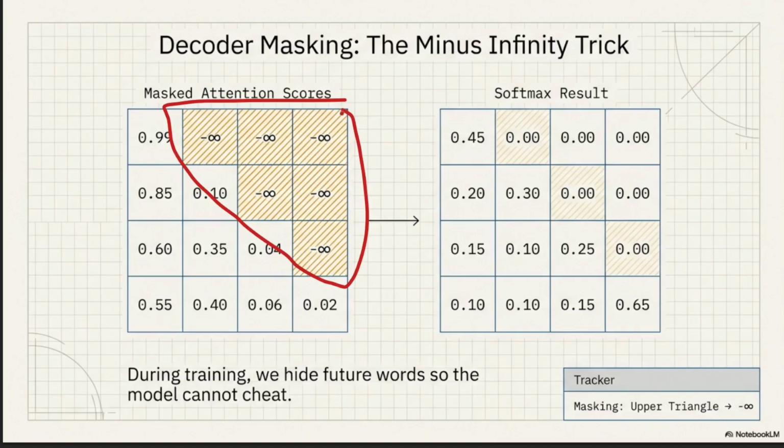When we apply the softmax, minus infinity becomes 0. So the upper triangle becomes 0. This forces the attention probability for future words to be exactly 0, ensuring the model is autoregressive.